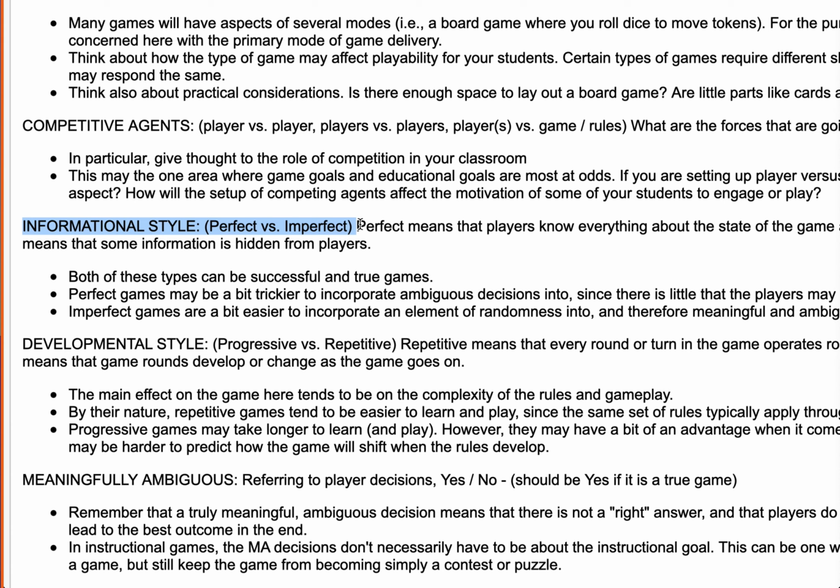I guess if you really took this to an extreme, you might make an argument that chess isn't actually a game because a good player, well, no, that wouldn't work out. I was going to say a good player can project every possible strategy moving forward from wherever the pieces are. But even there, you have no idea what the other player is going to do. So, for practical purposes, yeah, those are meaningfully ambiguous decisions.